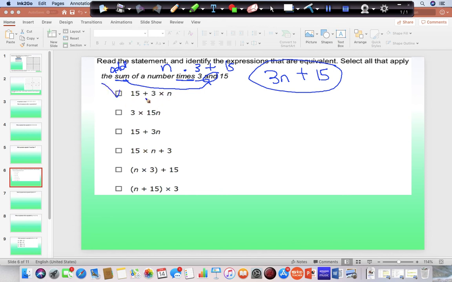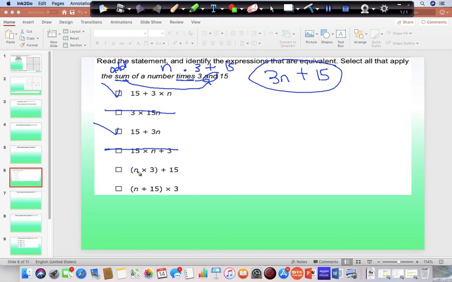That is correct. They use the commutative property to move the 15 to the front of the problem instead of the back, and that's okay. That worked out. The next one says 3 times 15 times n. That is not correct. 15 plus 3n, that is correct. Again, they just use the commutative property to move that 15 up front. The next one says 15 times n. Again, 15 isn't the number that's being multiplied times our variable n.